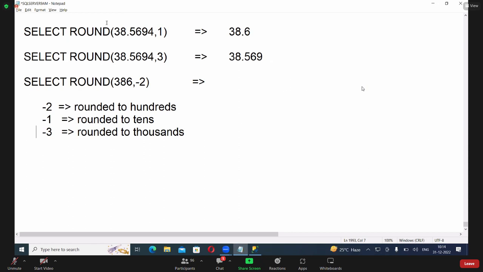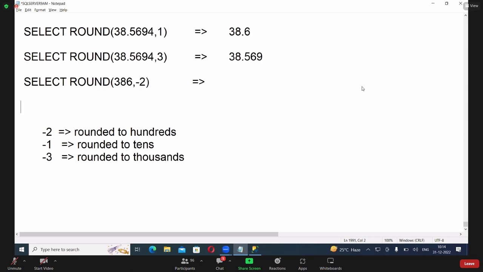386, minus 2. If I say minus 2, this is rounded to what? Hundreds. Then tell me, this number is between what range? 300 to 400.